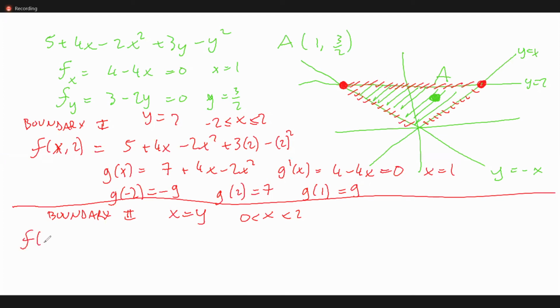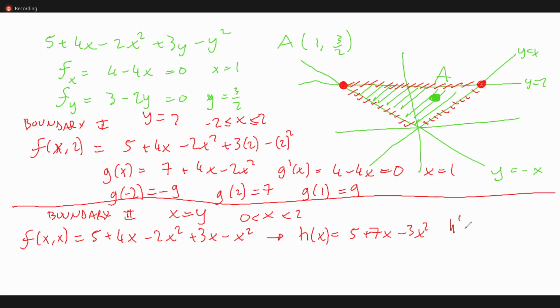So now the function is f of x, x, from which we have 5 plus 4x minus 2x squared plus 3x minus x squared, which becomes, let's call this h of x, 5 plus 7x minus 3x squared, and taking the first order derivative, 7 minus 6x equal to 0 gives us x is equal to 7/6 as a critical point.